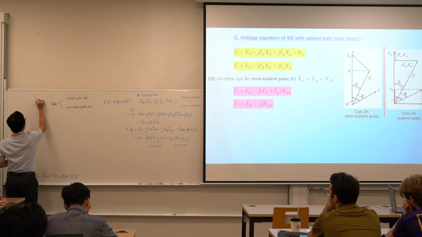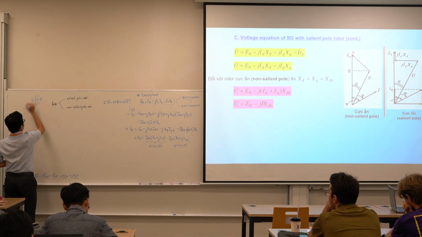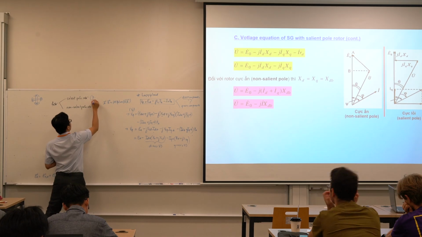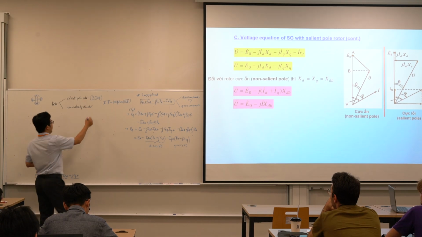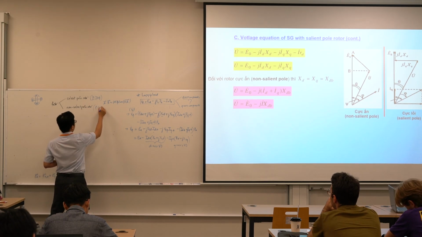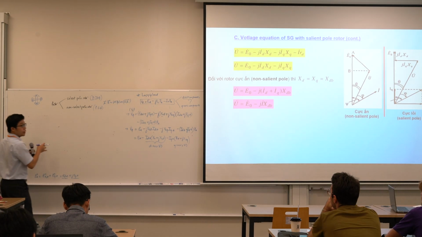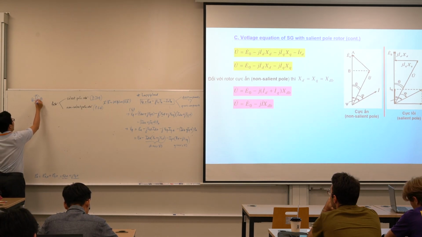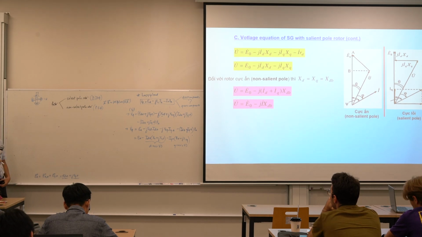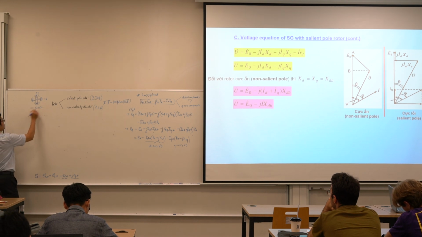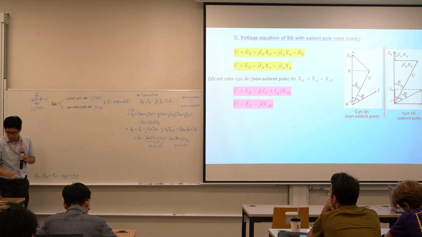For salient, we have the normal shape, you know. So this one, the number of poles is equal to 4 or 4, and for here, less than 4. Okay? So imagine that this one is like the D axis, this one is like the Q axis. Okay? In this space.